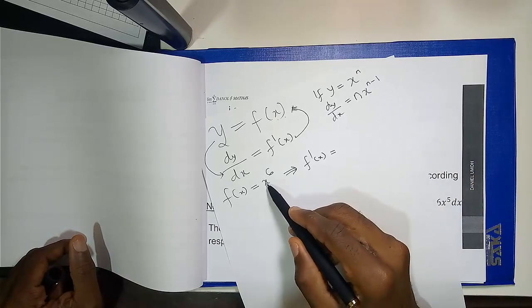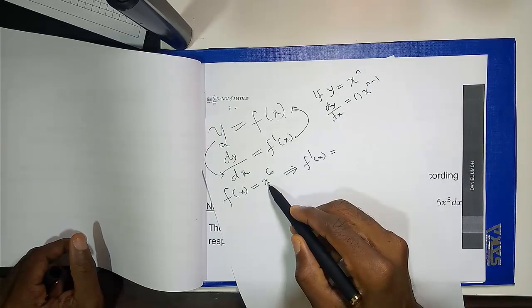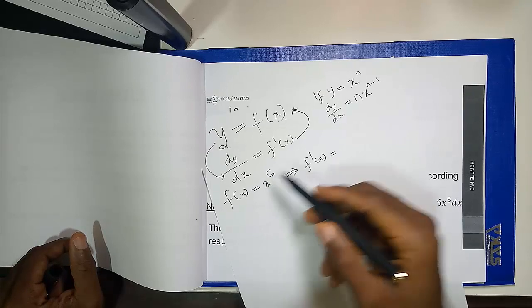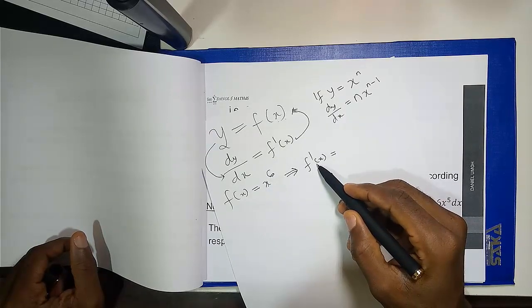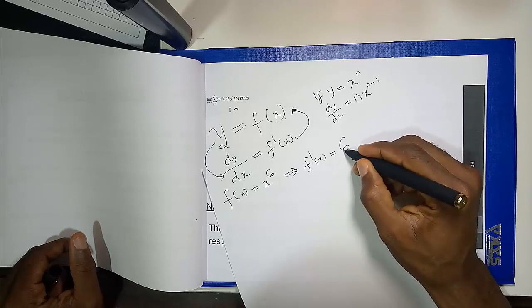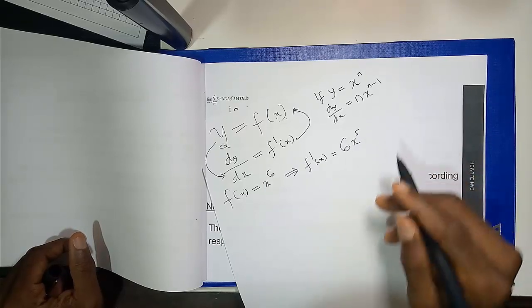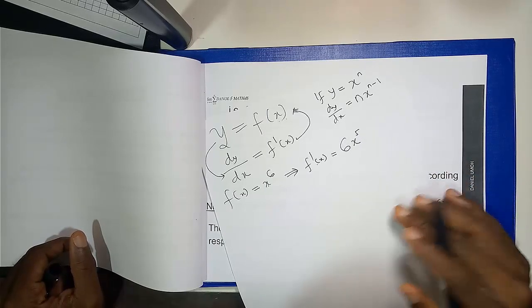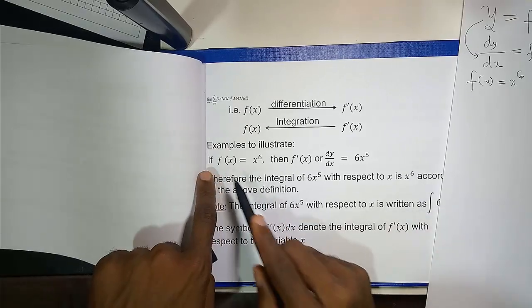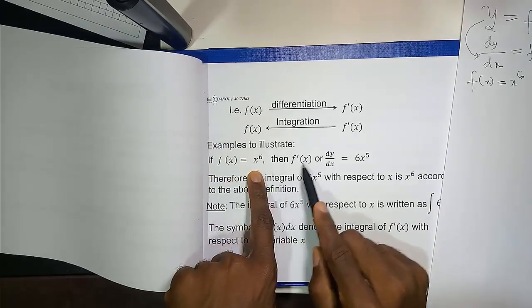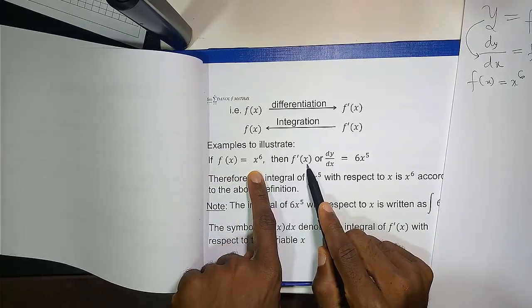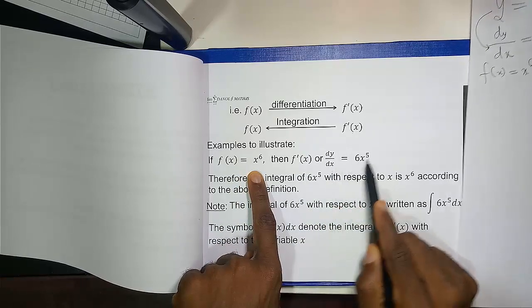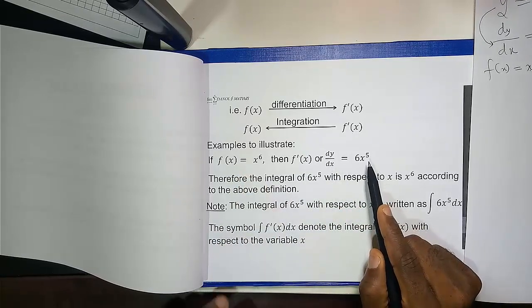So if f of x is equal to x raised to power of 6, then the differentiation f prime of x will give us 6x raised to power of 5. I hope you understand that. So if f of x is this, then f prime of x, which is also known as dy over dx, is what? 6x raised to power of 5.